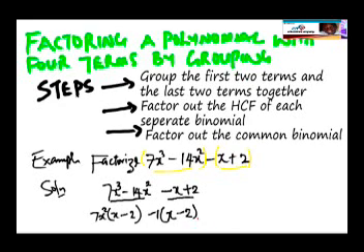Whenever I take a minus sign out, the sign inside will change. Take note of that. If I expand this again, minus 1 times minus 2 will give me plus 2. I'm getting this very one back. So take note of this anytime you are factoring out a negative sign: the sign inside will definitely change.